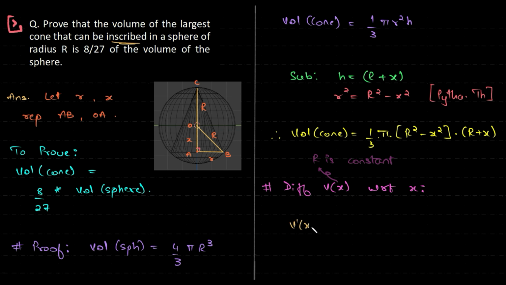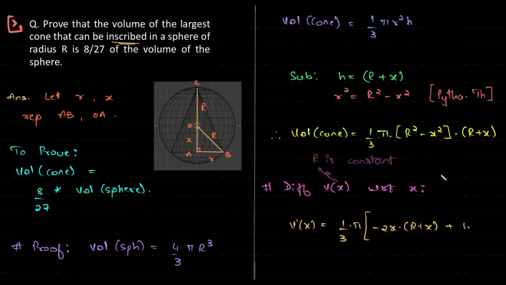So V prime of x is equal to 1/3 of, we have to use the product rule over here, opening big brackets, differentiating this, so this will be minus 2x into R plus x, plus differentiation of this particular expression, which is 1, because R is constant, so 0 plus 1 basically.